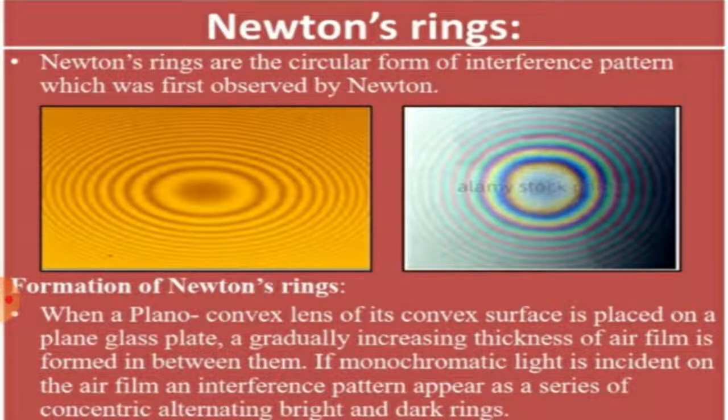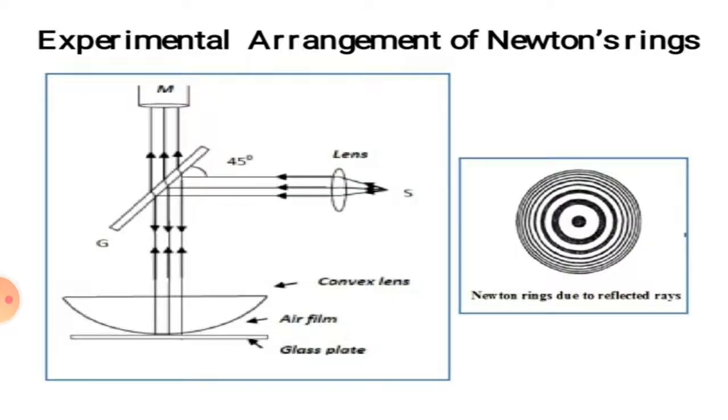Now coming to the experimental arrangement. The experimental arrangement of Newton's rings consists of a plano-convex lens, a plane glass plate, a monochromatic light source and a telescope. In this, a plano-convex lens is placed on an optically plane glass plate.